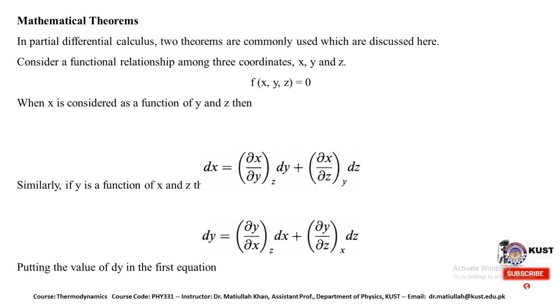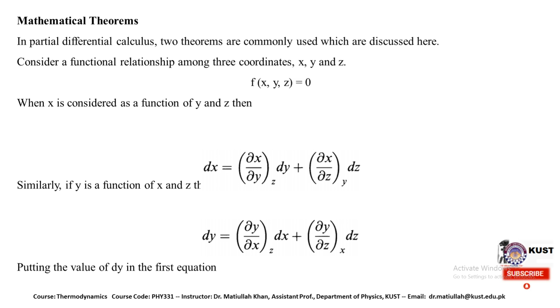The next part of this lecture is about a mathematical theorem that can be derived from partial differential calculus. Again, if we want to describe any equilibrium state for a thermodynamic equilibrium system, we use state variables, and the state variables describe the properties of the system for that particular equilibrium state.